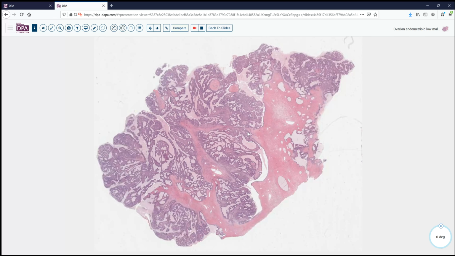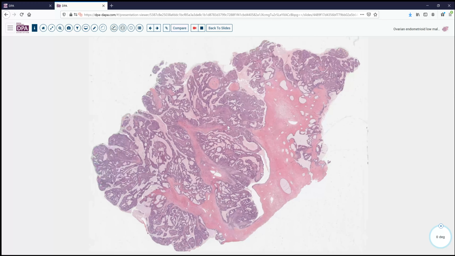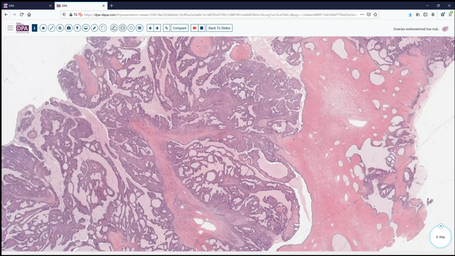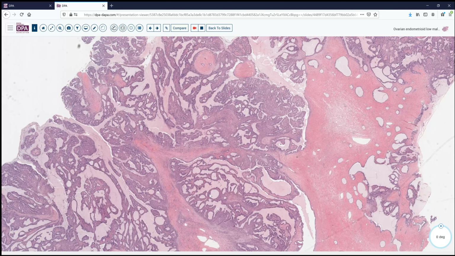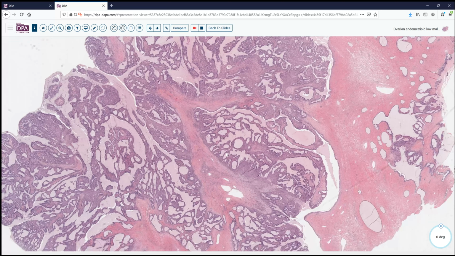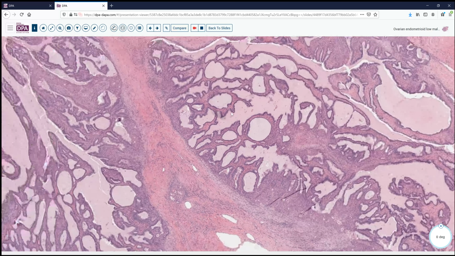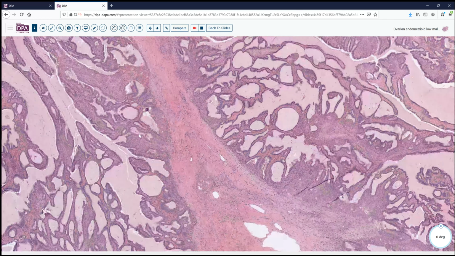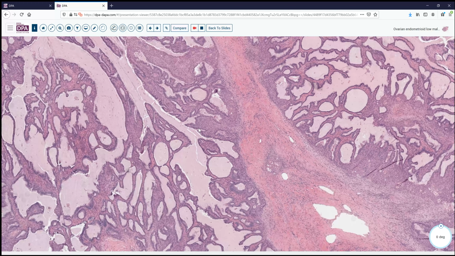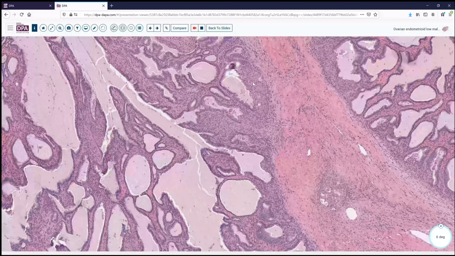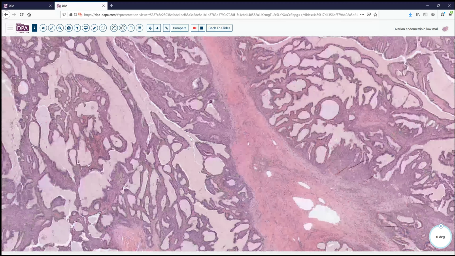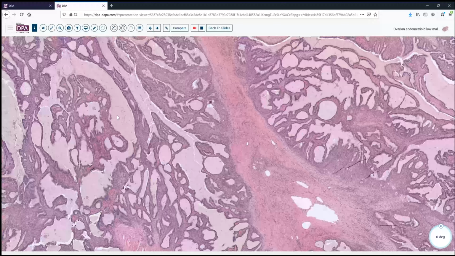Going a little bit further, here we can see, again, fibromatous background and more complexity of the epithelium with some branching of the glands. A little bit of stroma-like tissue here, also some squamous metaplasia. Notice, however, that we don't have a lot of third and fourth degree branching.